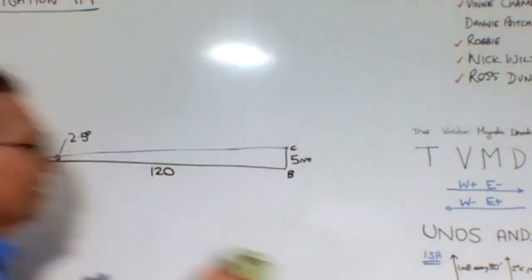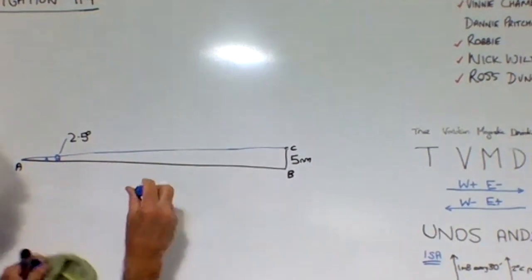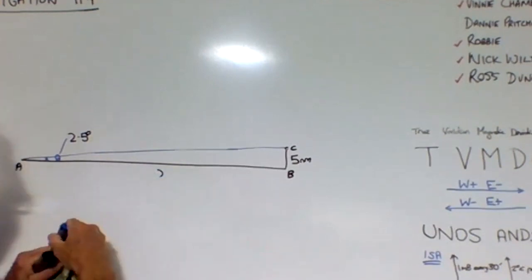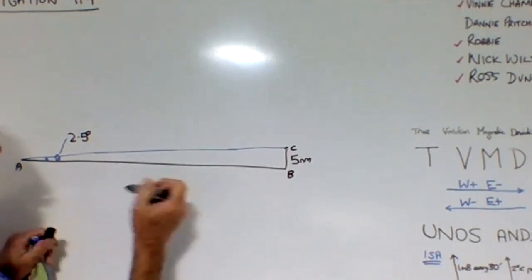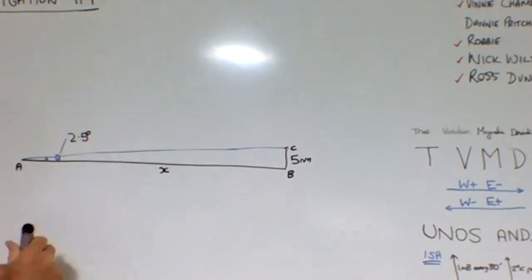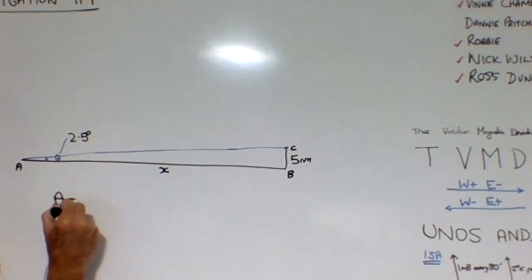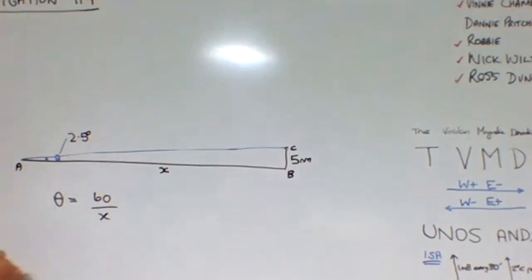So if I just make this x, then we could actually imagine that theta is (60/x) degrees.